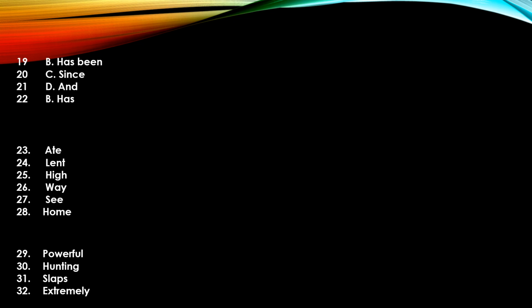And the next one is the cloze test. We will get 4 options for each blank. We have to find out the suitable one for that blank. The numbers from 19 to 22 include the cloze test. And from 23rd to 28th, they are the homonyms.